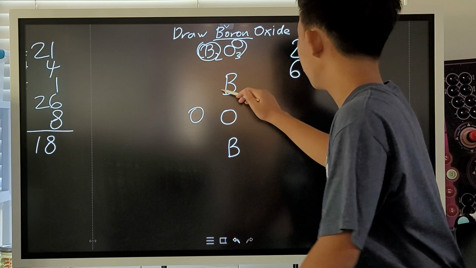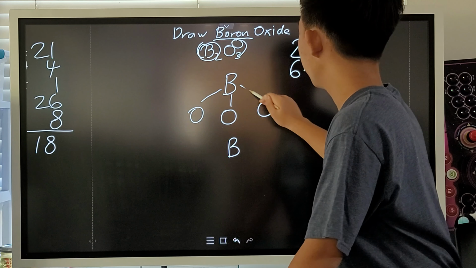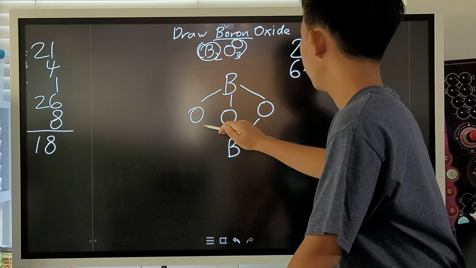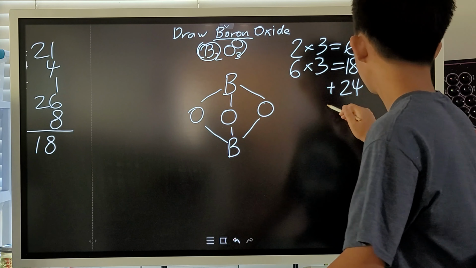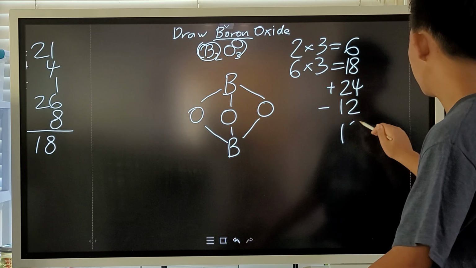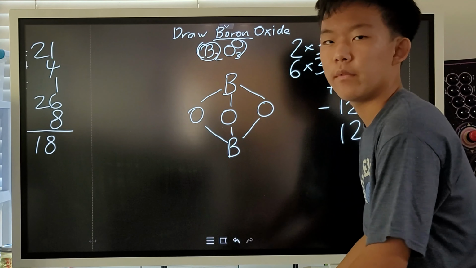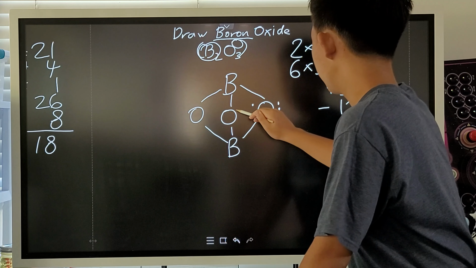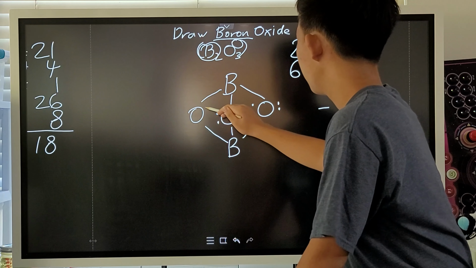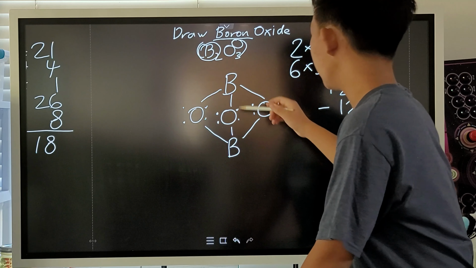So let's put in some bonds. 1, 2, 3, right? 1, 2, 3. 2, 2, 2, 2, 2, 2. So minus 12, and we have 12 extra electrons you can spend. However, if you put the 12 electrons like this, which is actually true, you can see that boron actually ignores the octet rule.